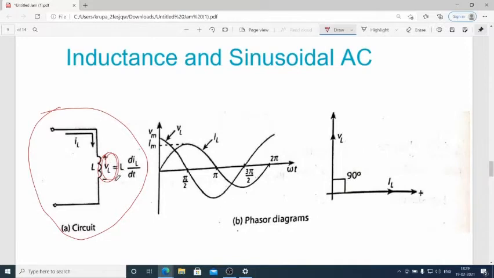We discussed this in the previous classes. The voltage across the inductor is VL equal to L into diL upon dt, where IL is the current flowing through the inductance. This is the inductance magnitude.